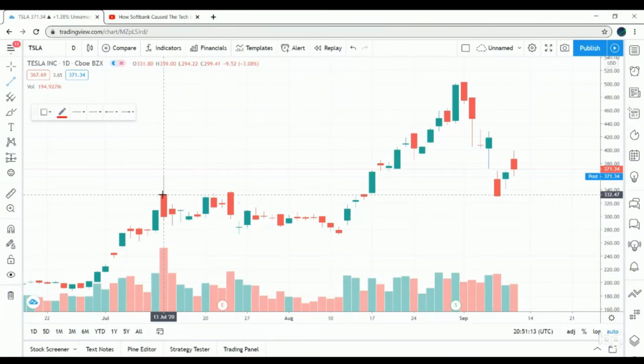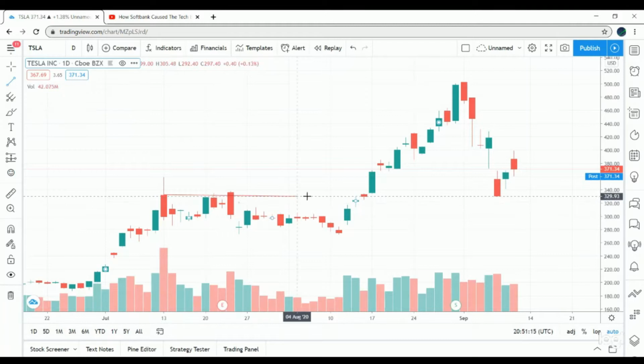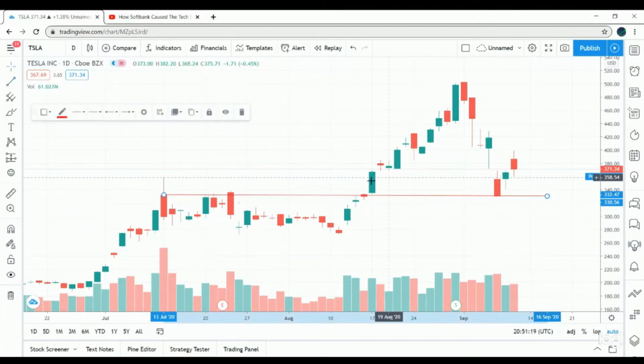Alright, so we're going to draw out a line here. We're going to use this line first as an example of a past resistance line, okay? Because as you can see, in the past, this was a resistance line. Now, how do we know this? Because imagine you bought Tesla stock here. It went higher.